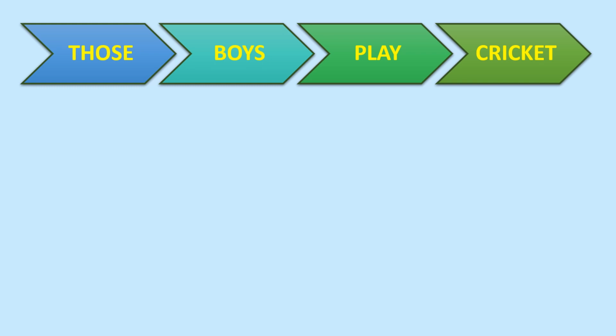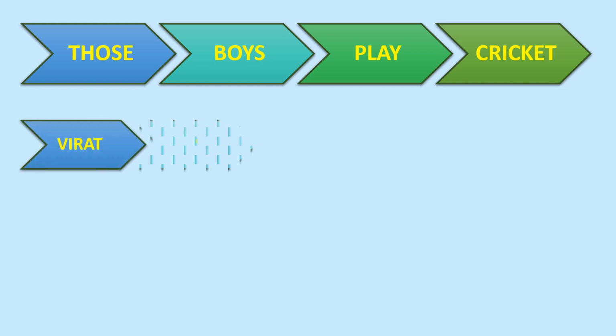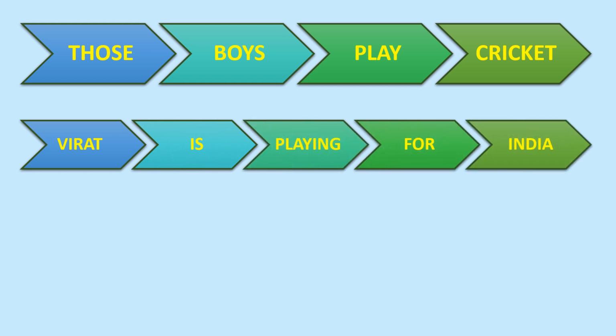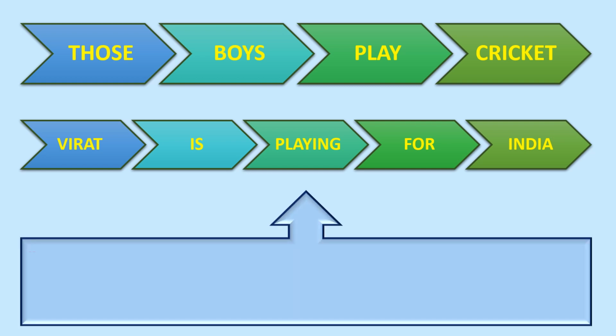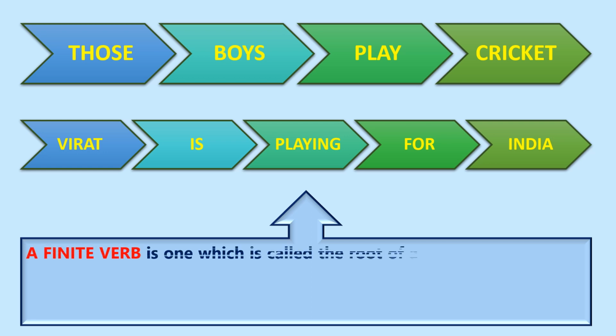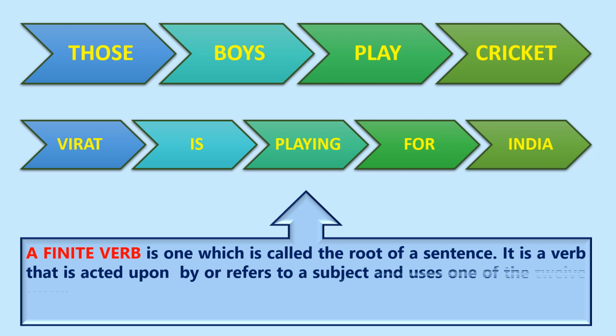The next type of classification. Those boys play cricket. Virat is playing for India. So we see play in the first sentence and play becomes is playing in the second sentence. Now, these type of words are called finite verbs or the root verbs of a sentence.